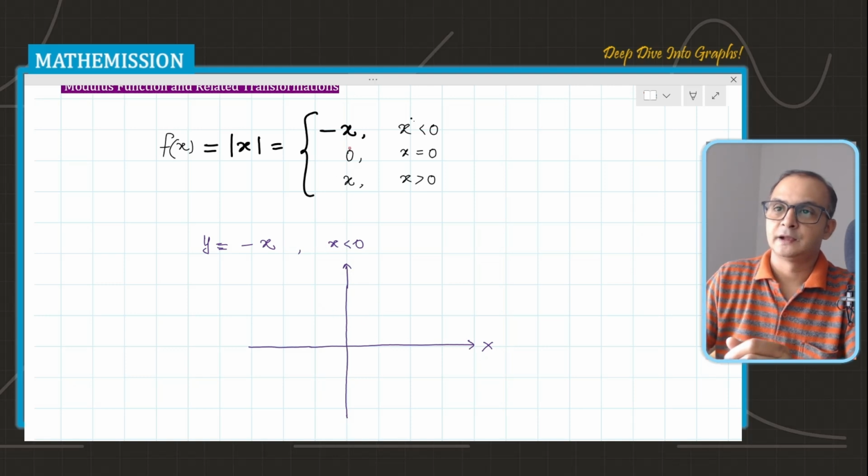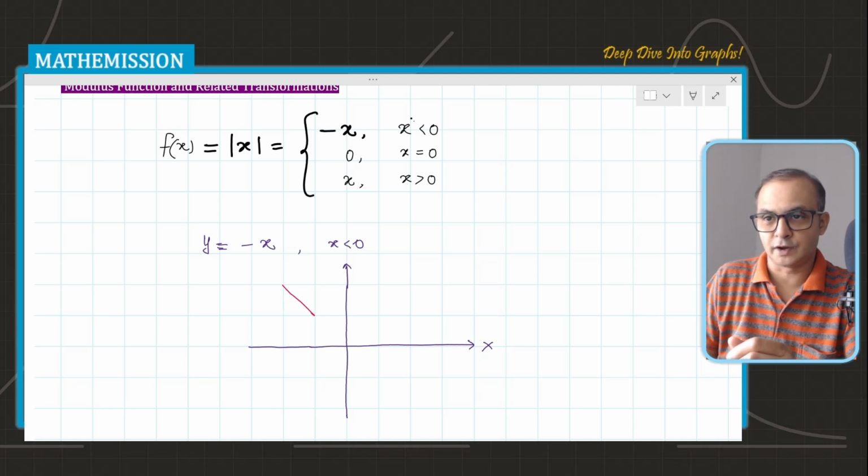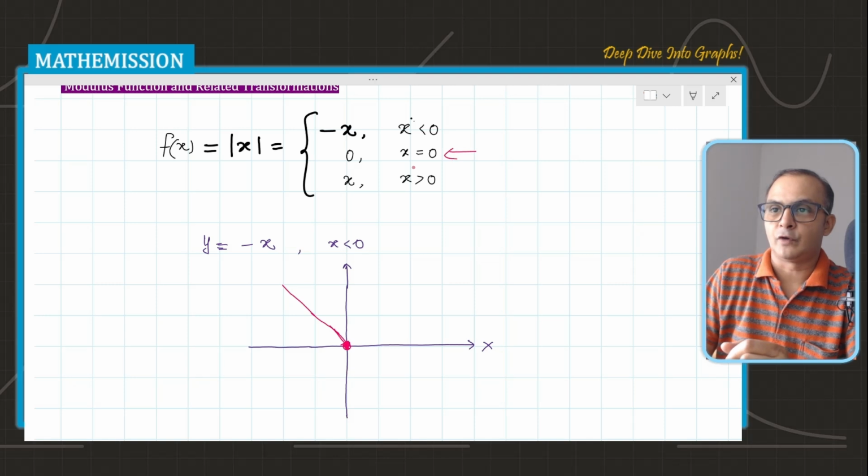It means the line passes through negative 2, 2, negative 1, 1, and till 0. At 0, it is not here in the definition. But as you go further, at 0, the value of the function is 0. It means I can fill this in so that it will follow this definition of the function.